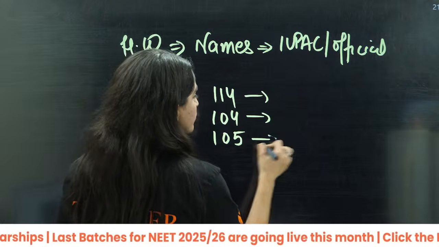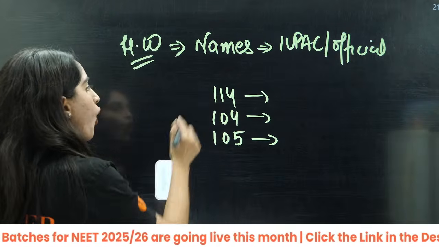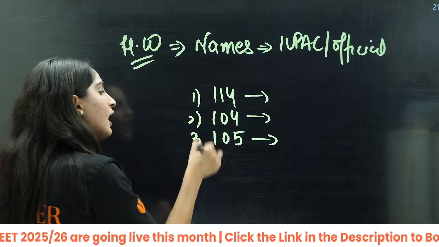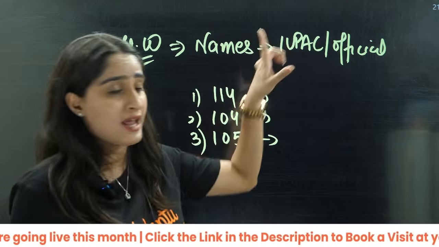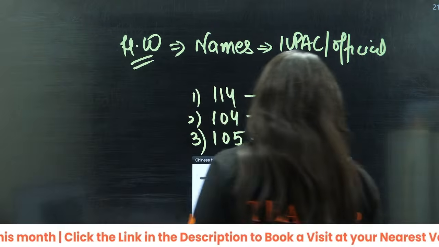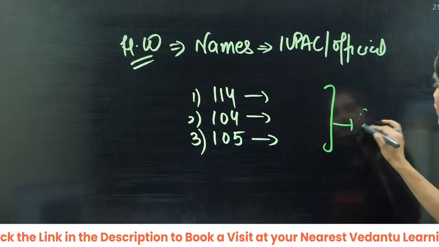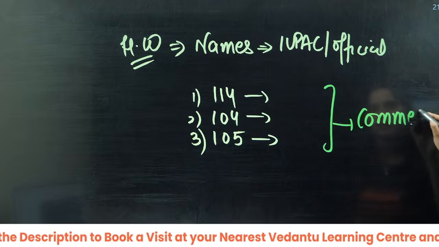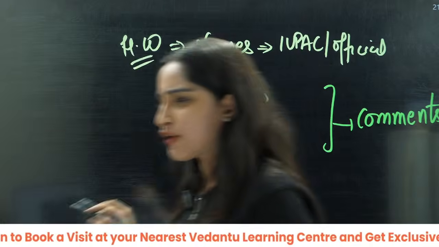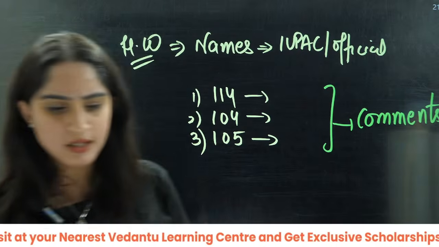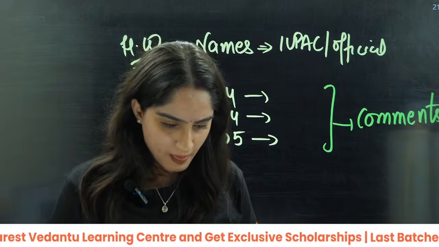You have to write down the official names and the IUPAC names of these three in the comment section. I will see how many of you actually write it down. Now let us see how many of you actually do your homework.